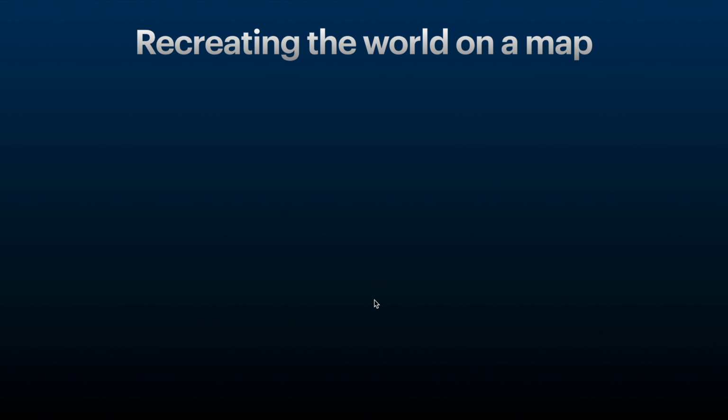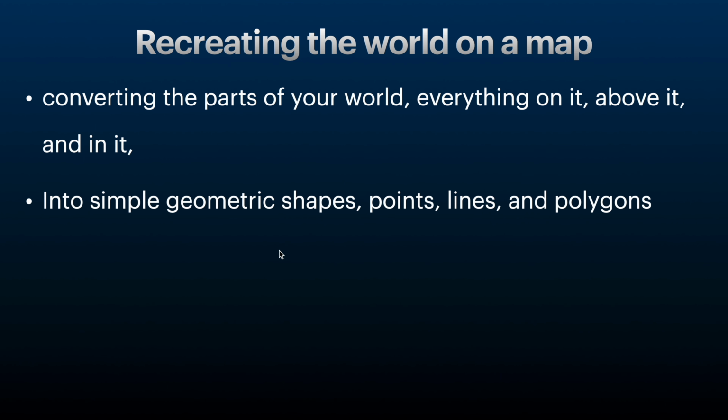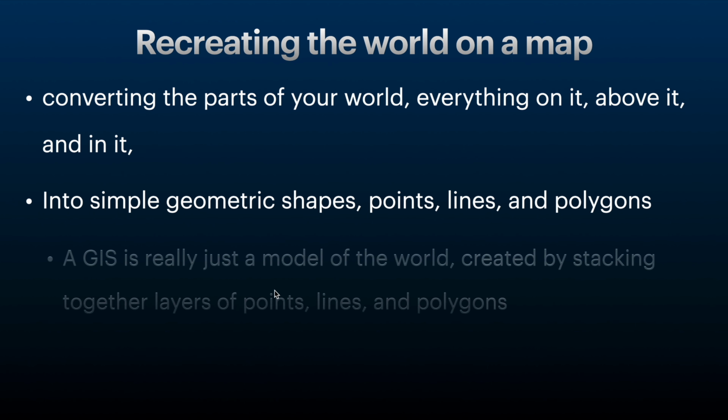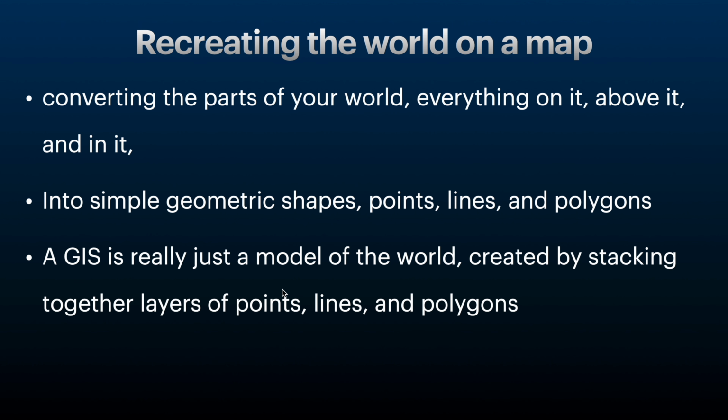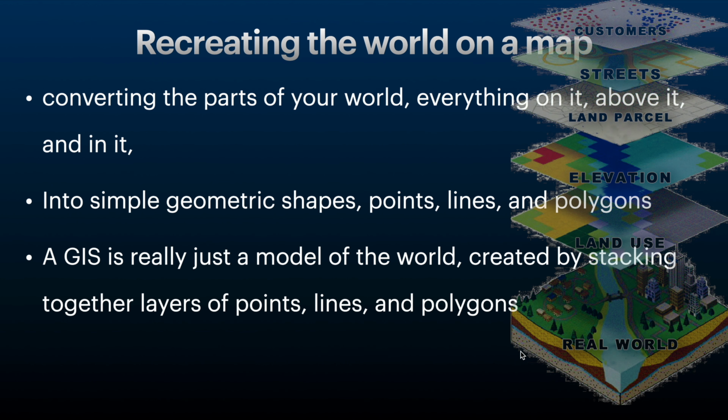You do some spatial analysis, you use some geospatial techniques on those data, and you can answer some important questions. So it means recreating the world on a map, converting the parts of your world, everything on it, above it, and in it, into simple geometric shapes: points, lines, and polygons. Remember this: GIS is really just a model of the world created by stacking together layers of points, lines, and polygons.